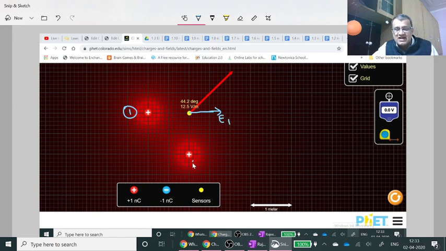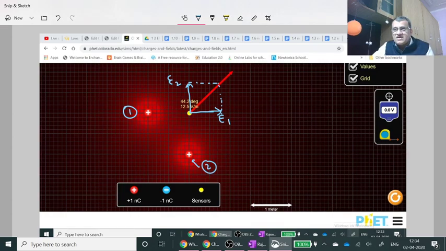Due to charge number 2, the field is in this direction, away from it, and I'm calling it E2. Magnitude-wise, E1 and E2 will be the same, and so the net electric field will be the vector resultant of these two, and that is what this electric field is showing. We have done these questions.